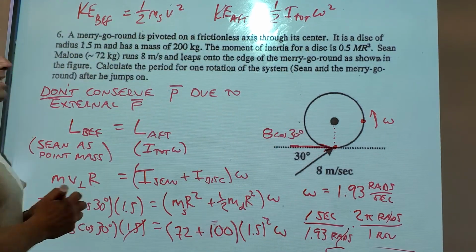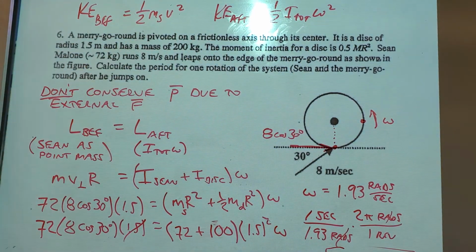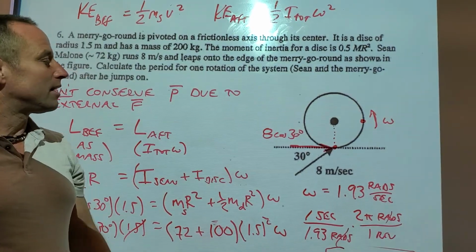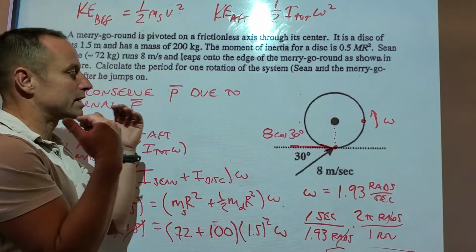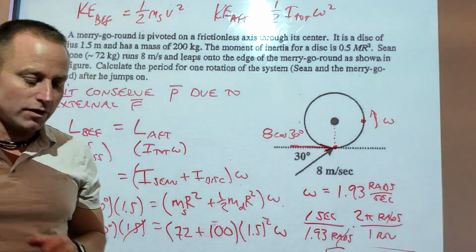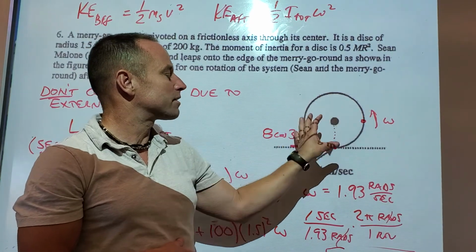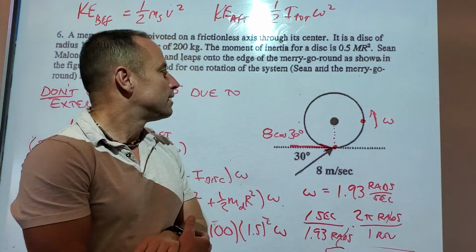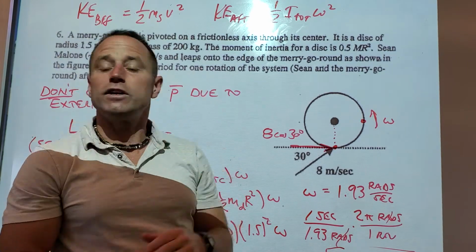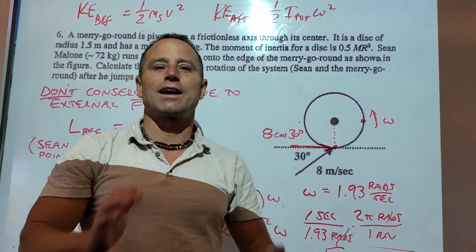What you'll see is, of course, it's going to lose energy when he jumps on there, but see how that actually plays out. So again, the idea here is we conserved angular momentum in the collision. We didn't conserve linear momentum because there was an external force here. The system wasn't allowed to drift away. And definitely don't try to conserve energy when you have something clanging into something else.